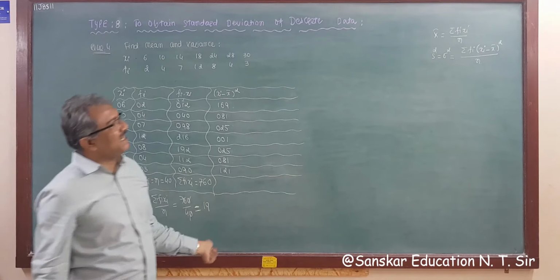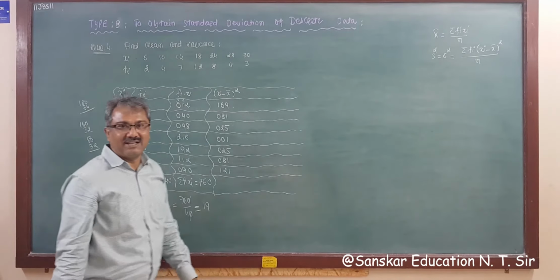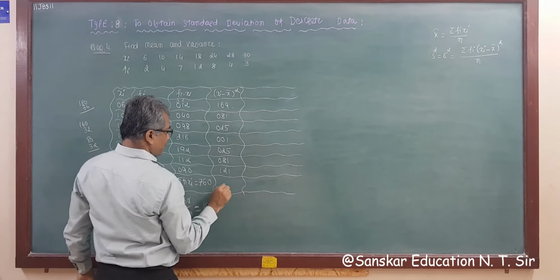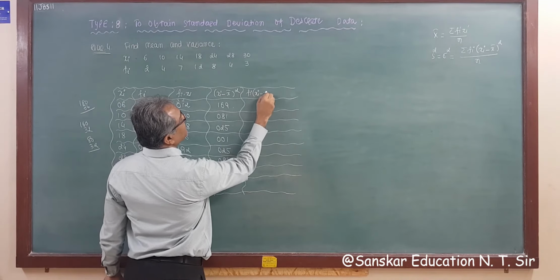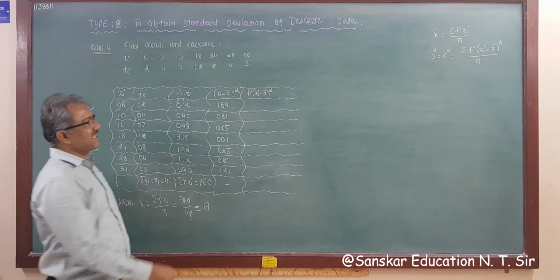Now the sum of this is required, that is fi into (xi minus x bar) whole square. So now multiply this with fi. You require fi into xi minus x bar whole square.